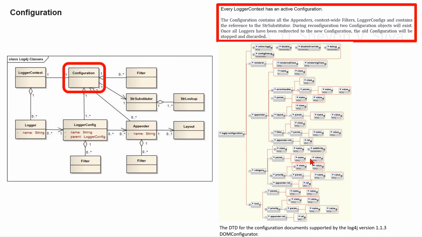Here log4j:configuration interacts with xmlns:log4j string, disable, disableOverride, debug and configDebug enumerations, renderer, and root.